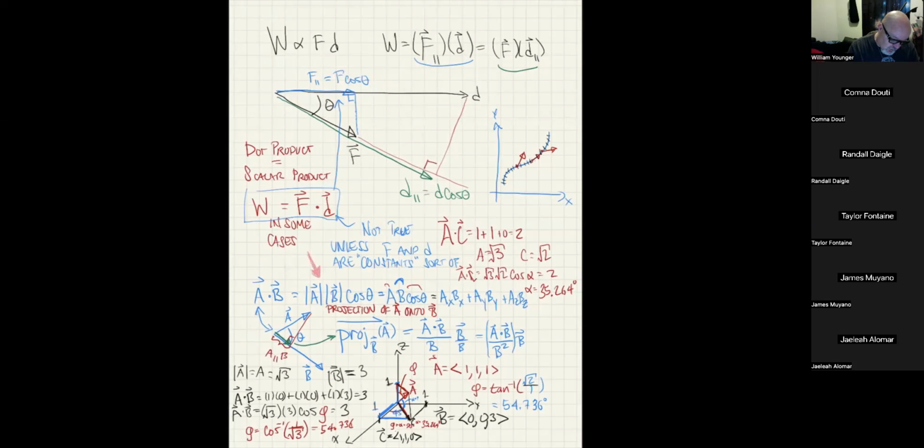So what do you think the magnitude of I hat is? Everybody see the pink arrow I just drew? And what we have is 1. Exactly, the hats mean their unit vectors, so their length is 1. So I've got 1 times 1.